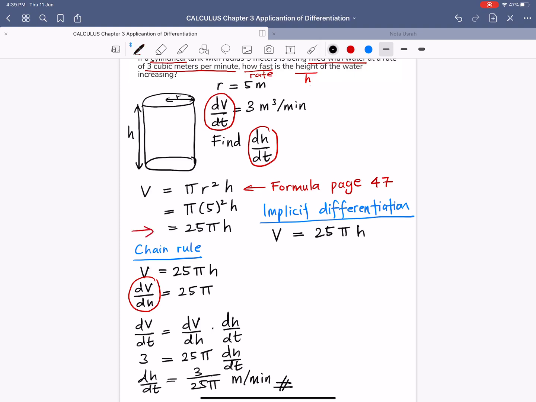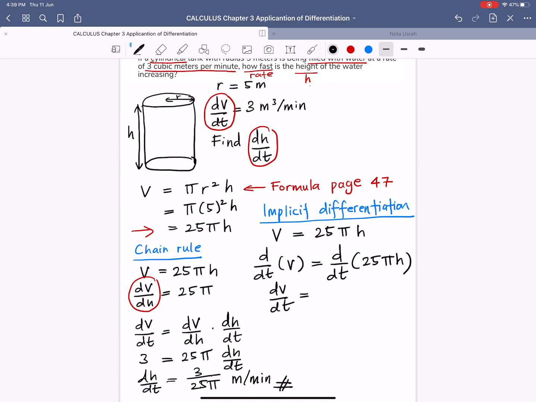Then we differentiate with respect to t both sides because we want to find dh dt. So d dt of V equals d dt of 25 pi h. For the left hand side, we have dV dt.